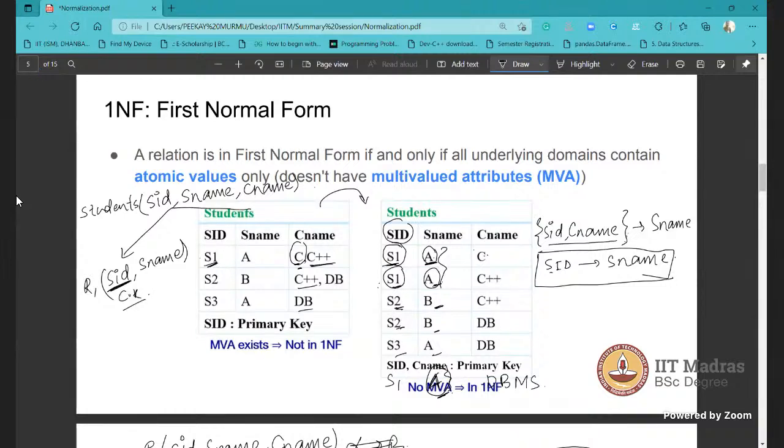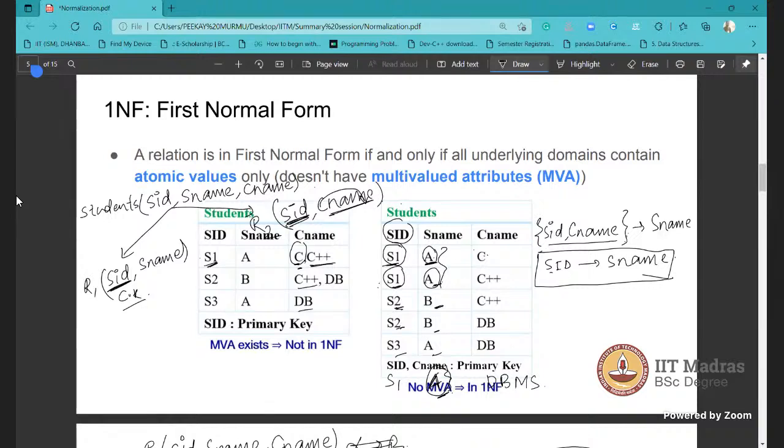And for the second one, in R2 we keep only SID and CNAME, right? In which SID and CNAME are the primary key, or the candidate key.